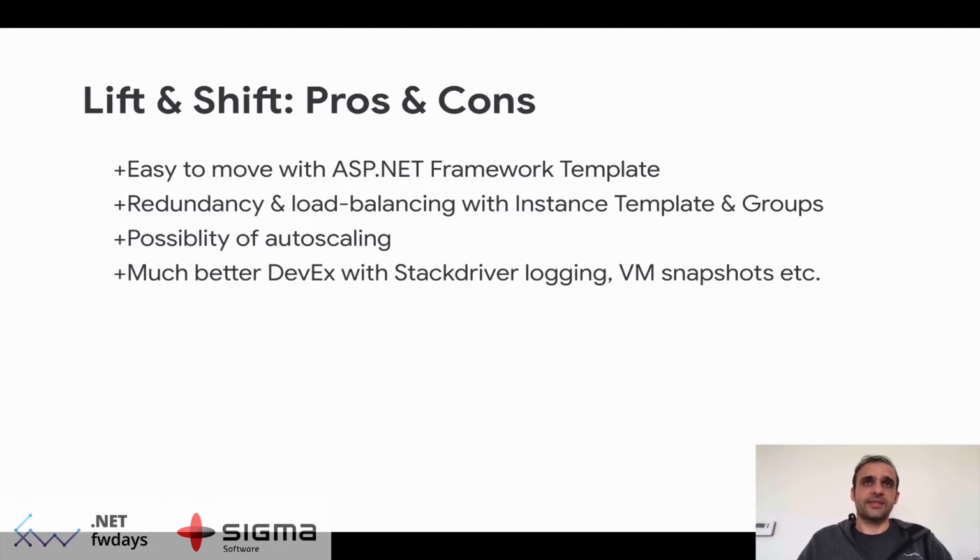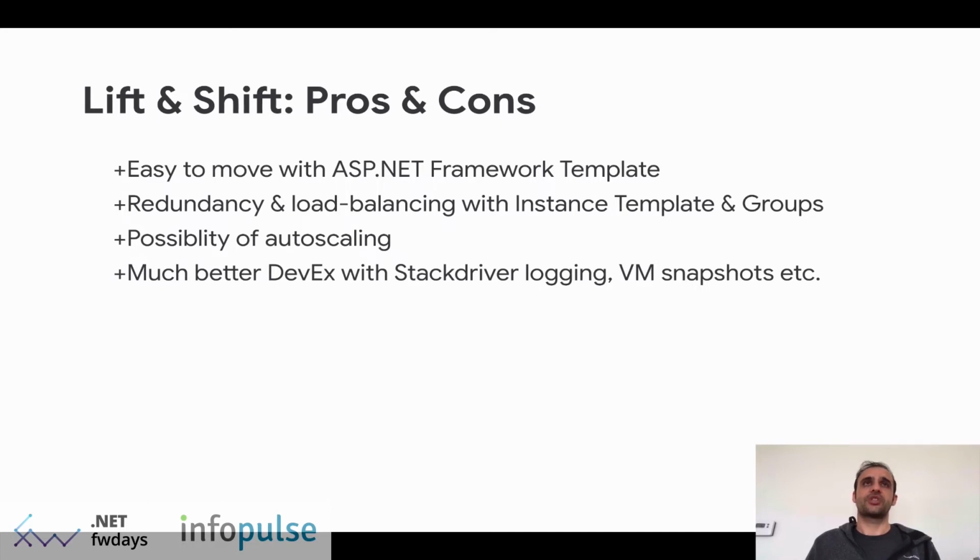With a single click, you can get a virtual machine with ASP.NET Framework already installed on a Windows server, with a local SQL Server and things like that. So basically it gives you an ASP.NET development environment with a single click. I used that to get started, and after that I modified things to make things work. But it was really easy to do.